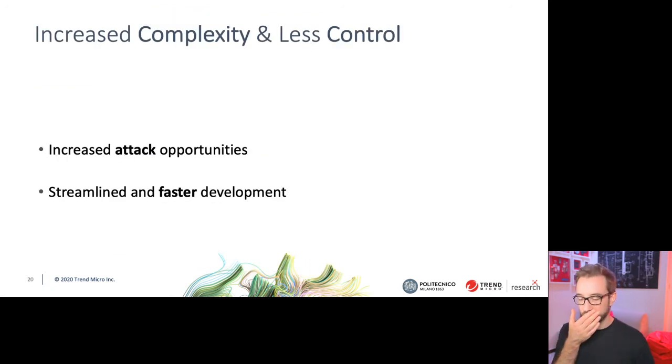So we can see immediately that the complexity of the software supply chain, the software development lifecycle, is quite high. So this means increased opportunity for the attackers. Imagine how many opportunities an attacker has along such a complex development workflow.